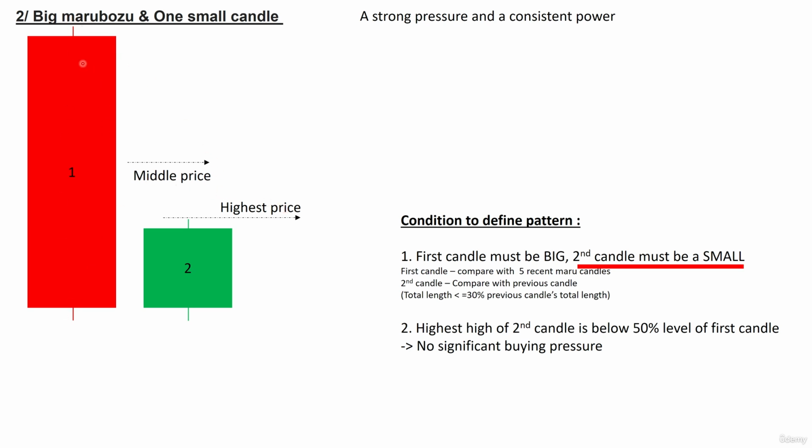And to define the middle price of the first candle, you also need to judge from the highest to the lowest. We don't use the close price and the open price, right? In NCI standards, we always care about the highest and the lowest to judge the whole story inside a single candle.